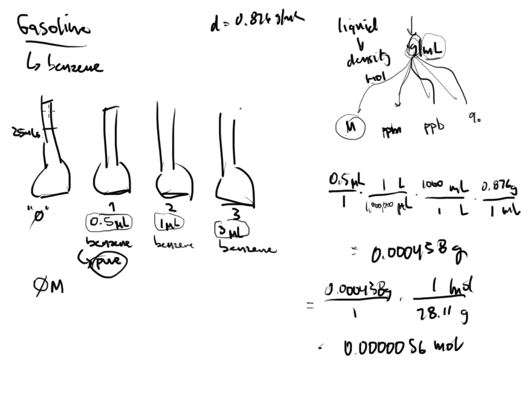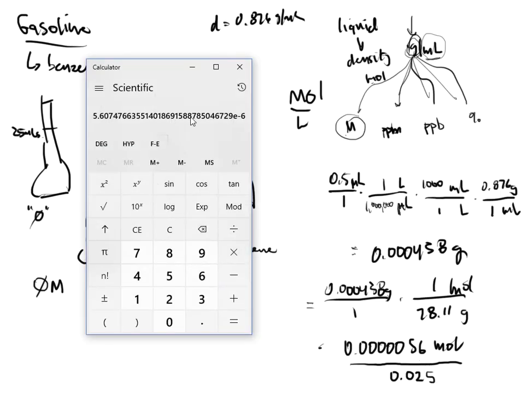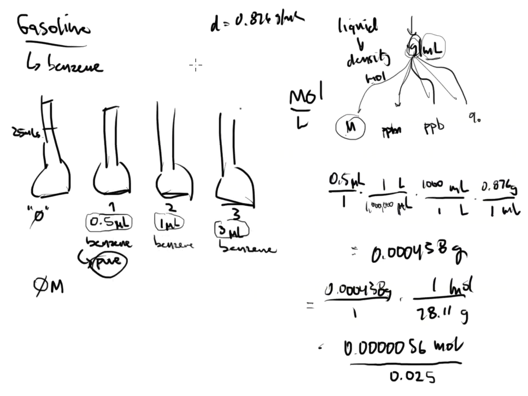And we said that these flasks that we're going to use for this example, they're 25 milliliters in total, right? So if I had to calculate molarity, keep in mind molarity's moles per liter. There's my mole. I'm going to divide it by liters that I have put it in. Well, 25 milliliters is 0.025. So I'm going to take that number, divide by 0.025, hit enter, and I'm going to get 0.000224.